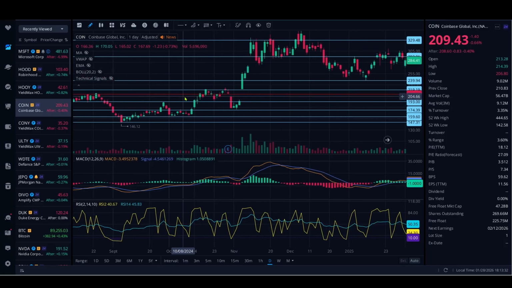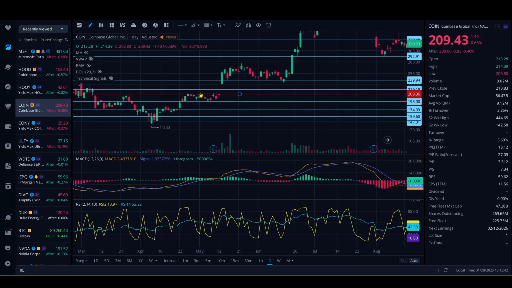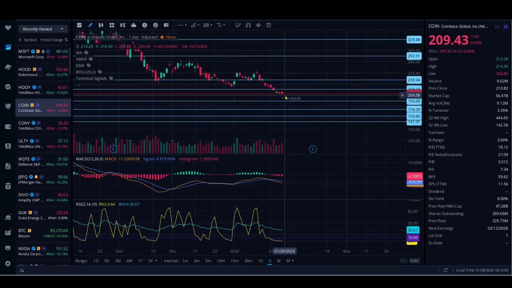I mean, again, is that a coincidence? I don't think so. There is a reason for that line, and there's a reason why you have so many candles hitting it, whether it's respecting it and bouncing off of it or being knocked down, it's still a very important line. And that's exactly where we are currently.